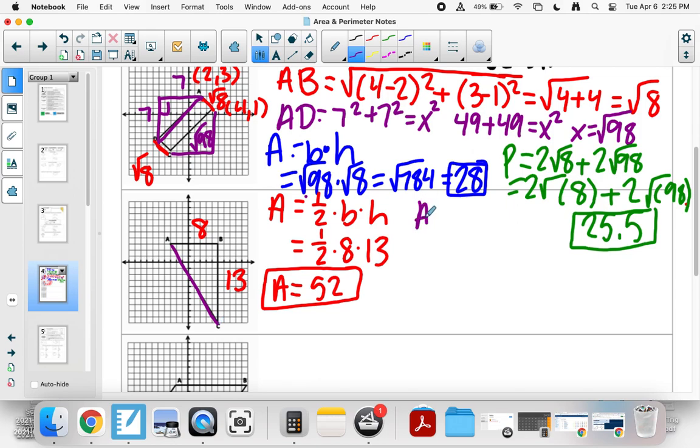To find it, we are taking 2 sides squared. So our 2 that make the right angle get squared and added. So 8 squared plus 13 squared equals that side we're looking for squared. And then I just straight up put this all in my calculator. 8 squared plus 13 squared is 233.